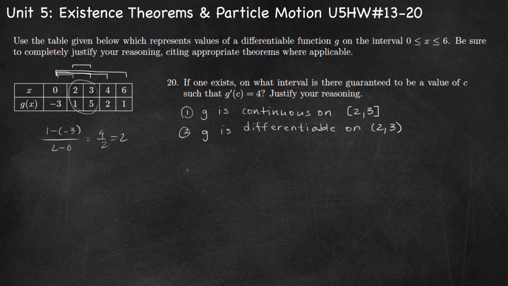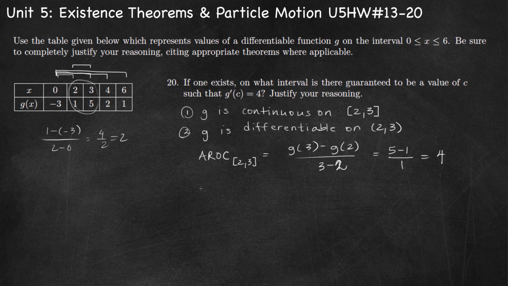So now I'm guaranteed that somewhere on the interval from 2 to 3, the derivative will equal the average rate of change. So now we have to find the average rate of change. The average rate of change on the interval from 2 to 3 is g of 3 minus g of 2 over 3 minus 2, which is 5 minus 1 over 3 minus 2, which is 1. So that's 4. The average rate of change is 4.